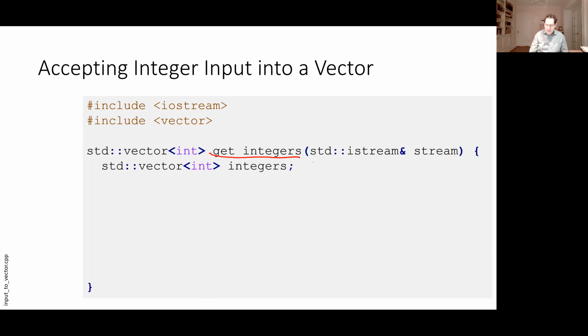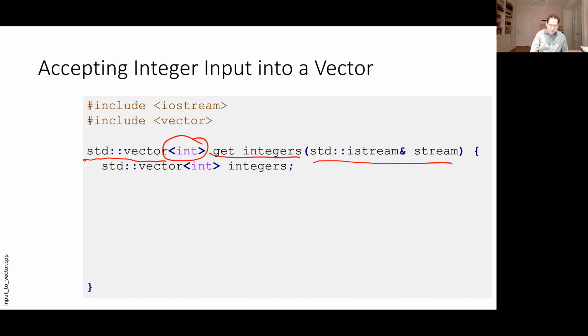It takes an input stream, like cin, which you've been using, that's its type. So this could be the standard input, the keyboard. It can actually also be a file. So what I'm passing in is some stream. Could be cin. And I'm going to return a vector of integers. And that's going to be all the numbers that were typed in that stream.